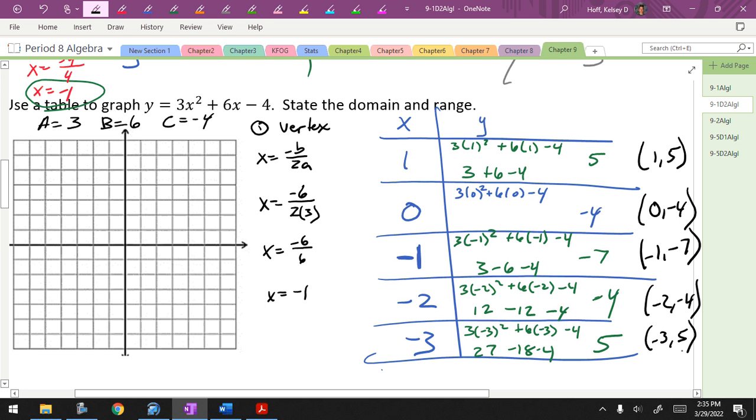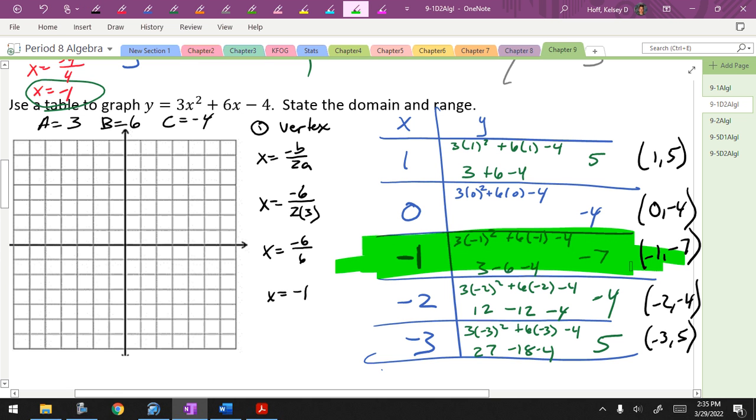And it should every single time. If your vertex is right and we put it in the middle, the one above it and below it, the y value should be the same. The y value 2 above and 2 below should be the same.